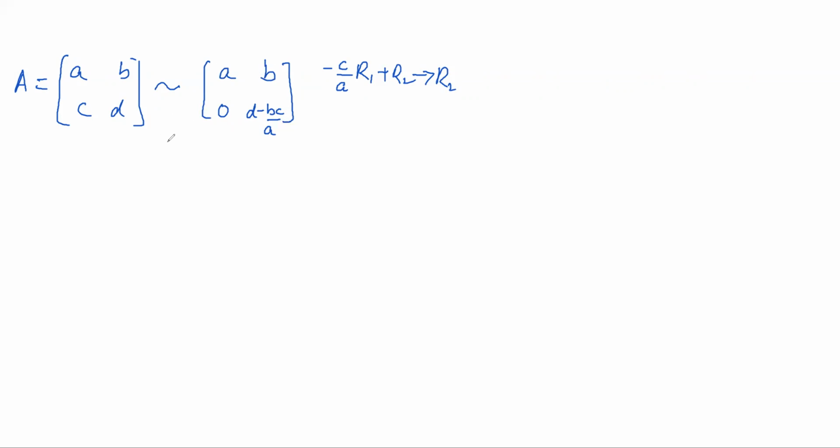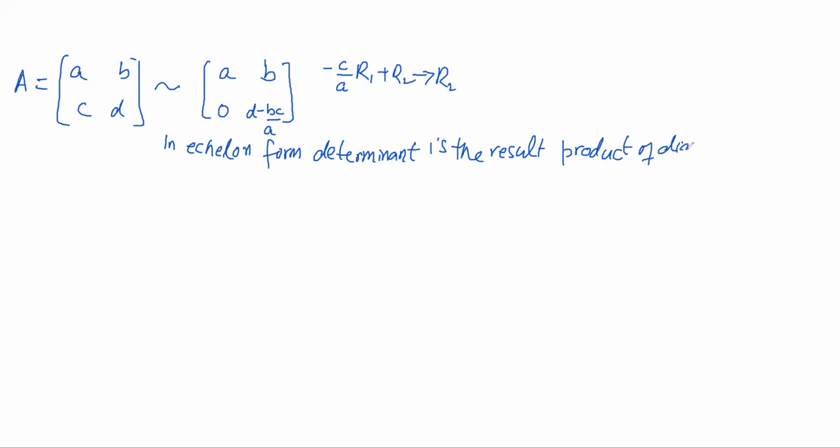So although we have not properly proved it, we can say that in echelon form, the determinant is the product of diagonal elements.